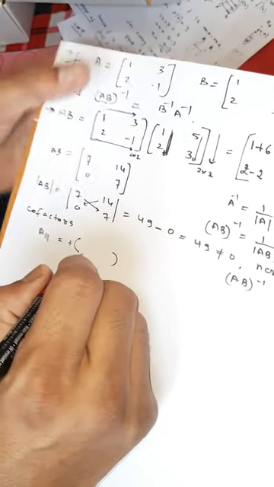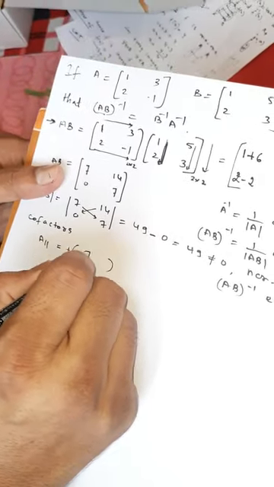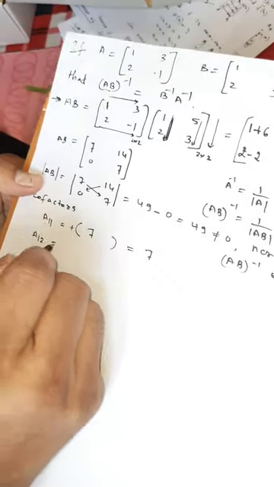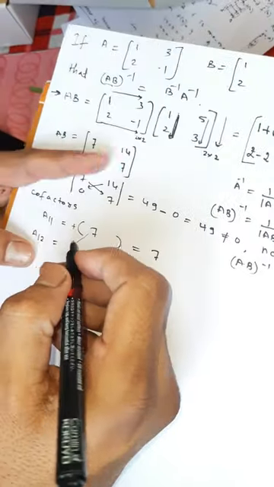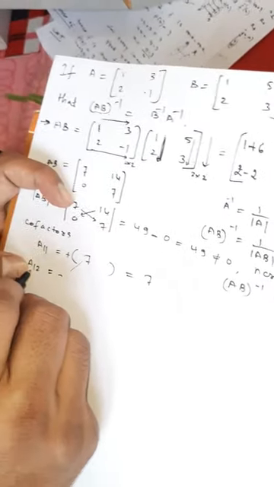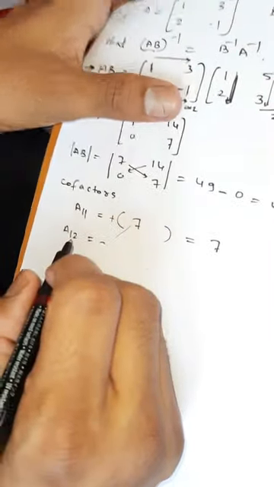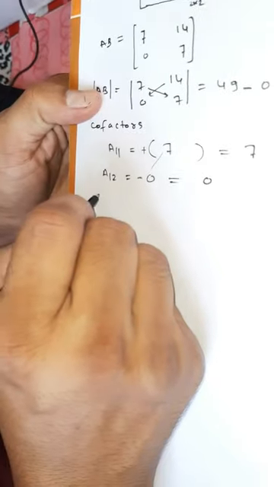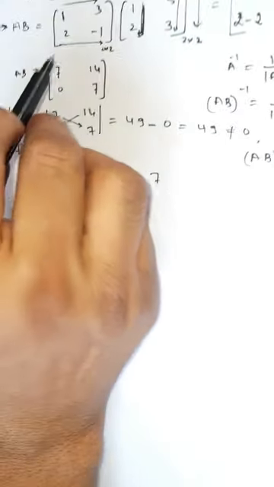It is got by deleting first row, first column, so it means 7 only. It is 7. Then A12: 1 plus 2, that is 3, an odd number, so multiply by minus 1. Now this is got by deleting first row, second column, so we get 0. It is 0. That is A11, A12.